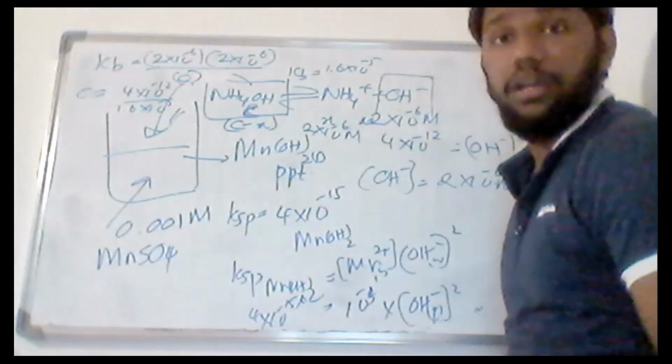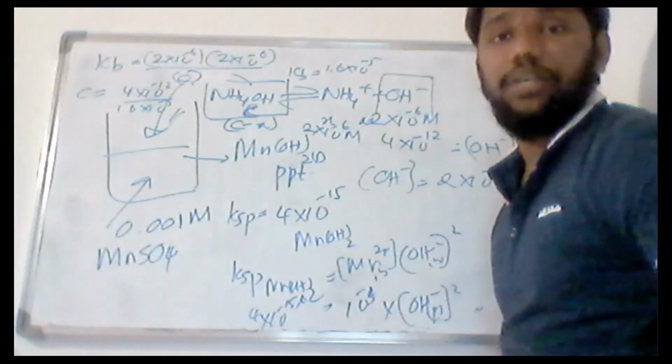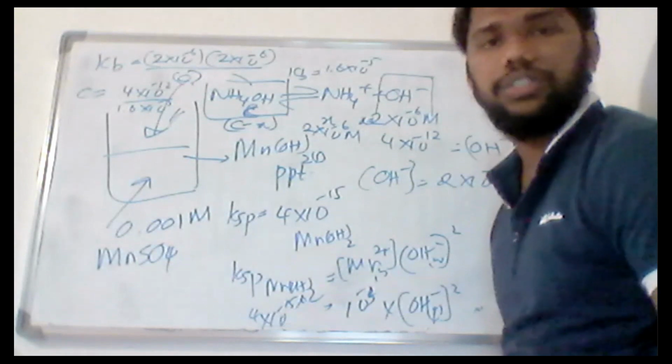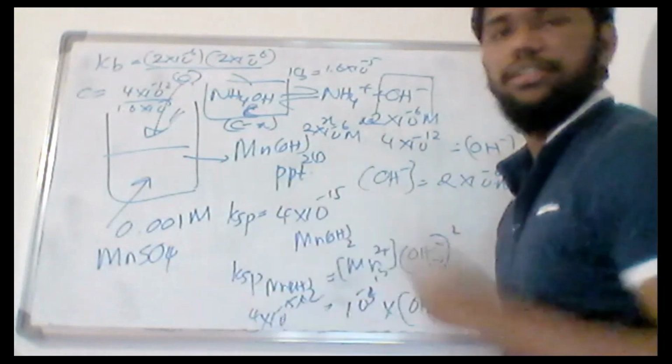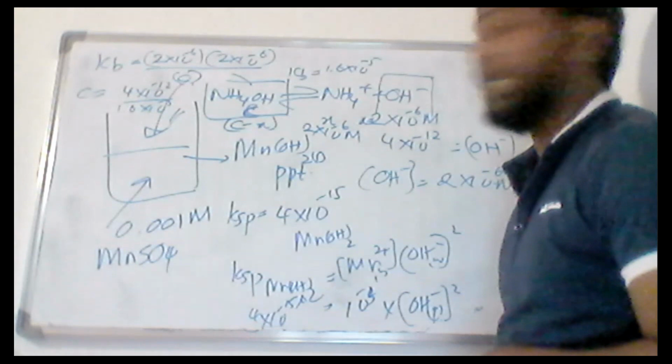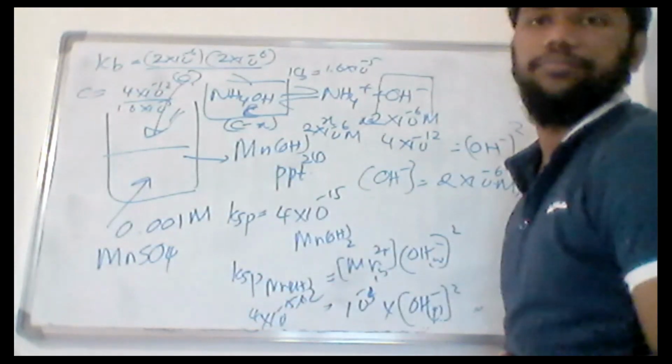So you can find what is the concentration of ammonium hydroxide that you should add into the solution to get this precipitate happening.